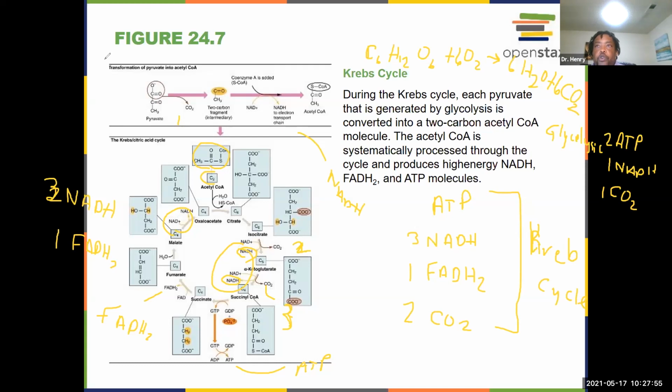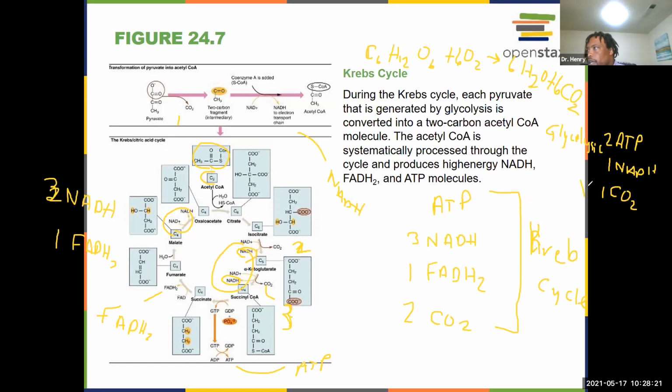Now, we made 2 pyruvates to put in here. This is only showing 1 of those. So the second one is going to generate 2 here all together, and then you're going to have an additional, so a total of 4 for each pyruvate. Let me fix this a little differently.